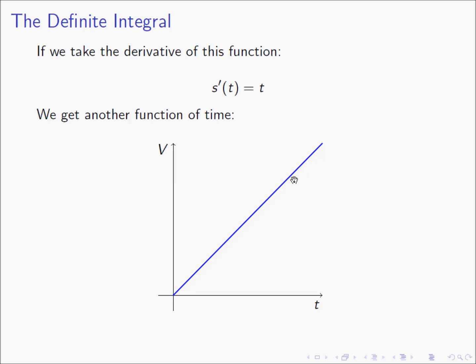And if you remember the physical interpretation of the derivative, it is just velocity. This function gives you the velocity of the particle at time t. So this is the graph of velocity. That's why we have the letter v here on the vertical axis.